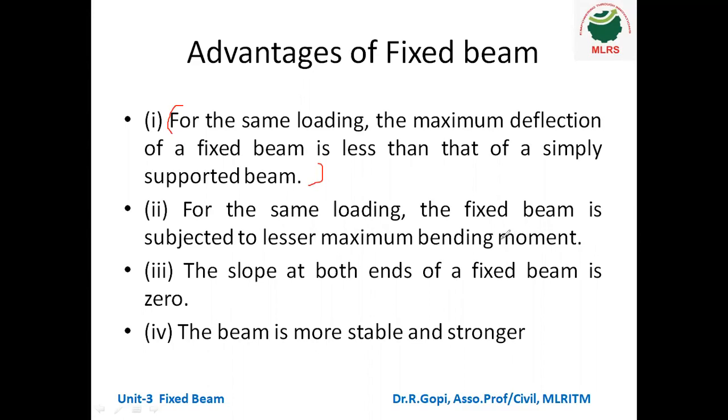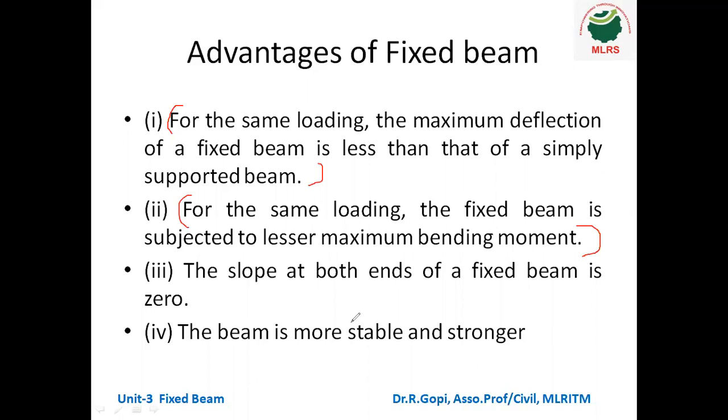Next, for the same loading, the fixed beam is subjected to lesser bending moment. Why? If you consider a simply supported beam carrying a UDL, what is the maximum bending moment formula? It is WL square by 8 at midspan. For the same loading and same span with a UDL acting on a fixed beam, the bending moment value is WL square by 24.